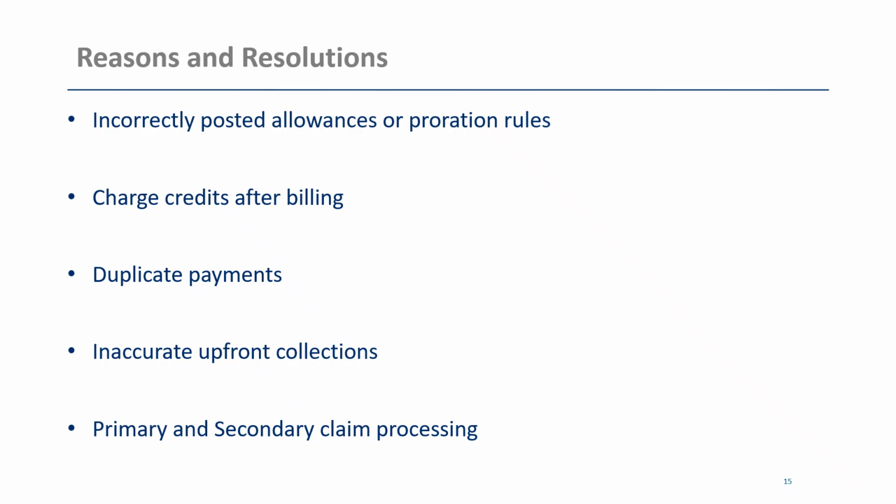Allowance issues usually occur when there is a payer with multiple health plans and a patient was registered with the incorrect plan type. Late charge credits commonly originate from service departments that don't process their charges within the organization's suspense days, or lag days as some call it.